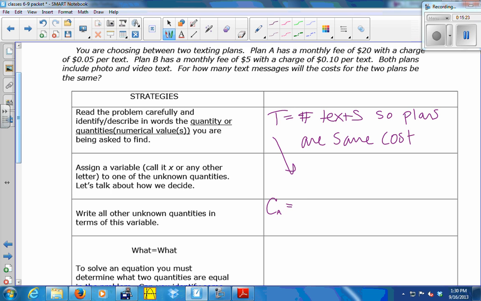So plan A is $20 plus 5 cents per text. So how do I put on the 5 cents per text part? 0.05 for every text, so I have to multiply by t, the number of texts. And then the cost of plan B, right, is $5 plus 10 cents per text, so it's plus 0.1t. Now, what equals what?